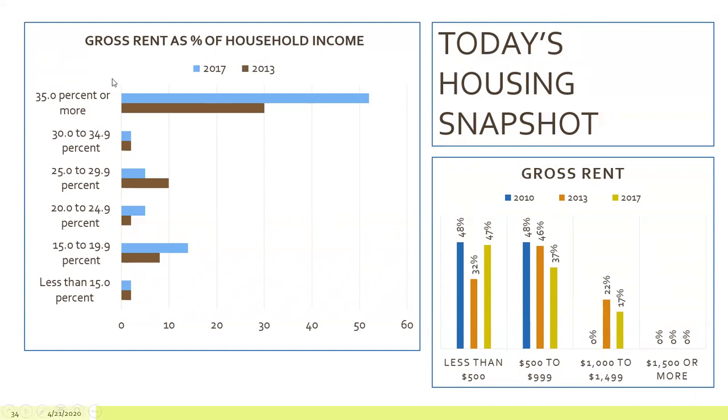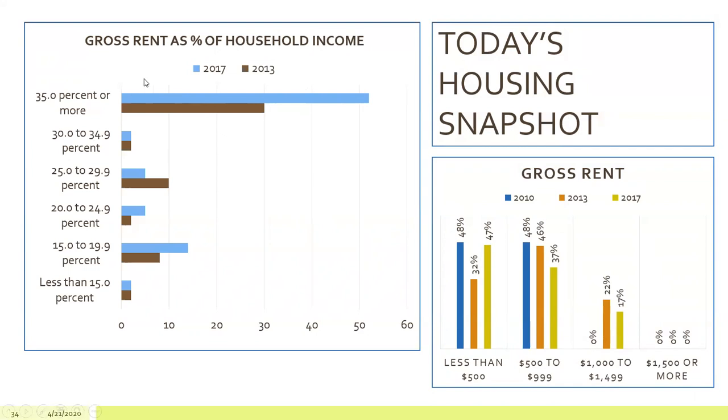So I want you to pay close attention to these areas here. The general rule of thumb is that if an individual is paying greater than 30% of his or her income in housing, you can assume that that individual is going to be financially burdened by that high cost of housing.